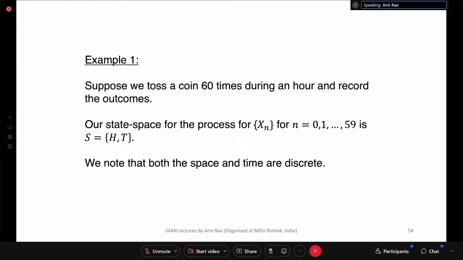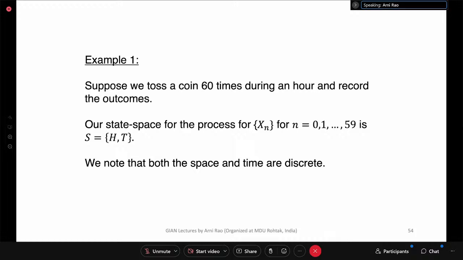And the space is also discrete. So this is called discrete time, discrete space. So you're jumping from the first experiment, x1, x2 and so on. This particular experiment is called a discrete time, discrete space stochastic model.